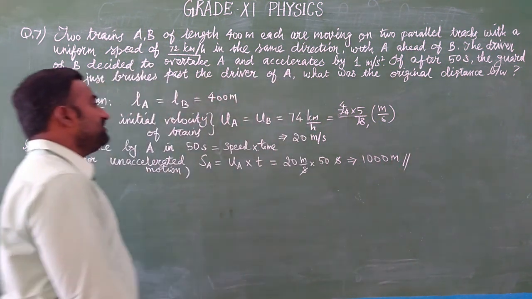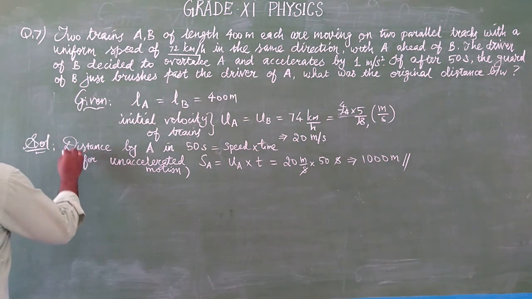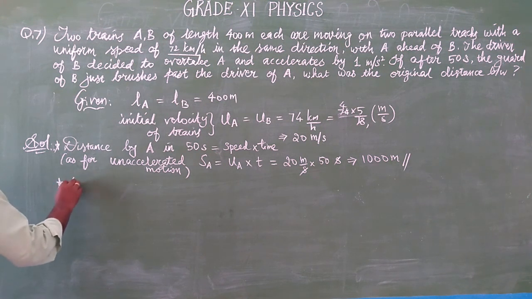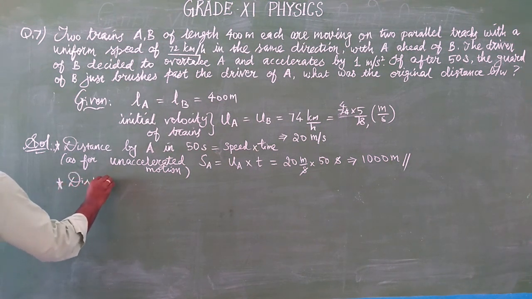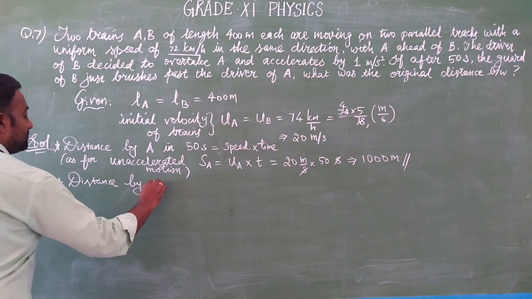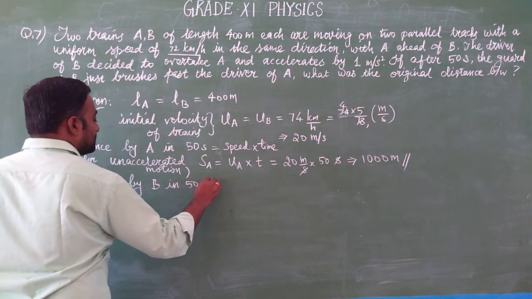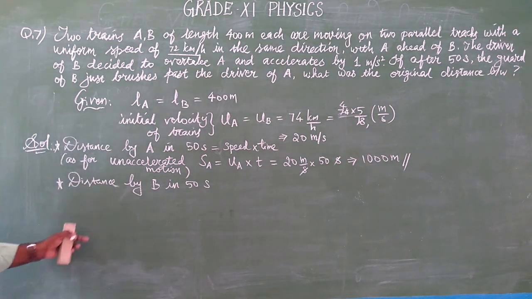Okay. Similarly, we want to find the distance by train B in 50 seconds, but train B is accelerated.